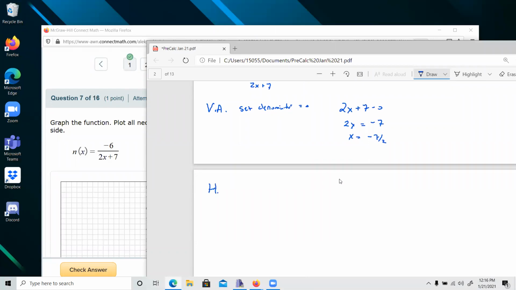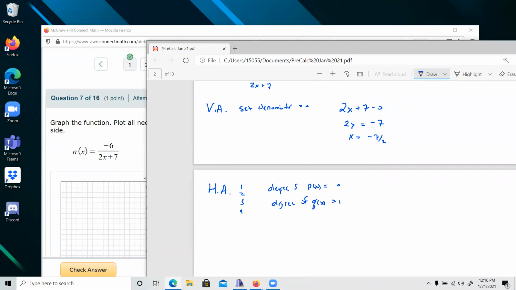What about a horizontal asymptote? Well, there are 4 conditions, remember? And they all have to do with the degrees. The degree of the numerator is 0. It doesn't have any x's in it, so that degree is 0. The degree of the denominator, the degree of q of x, that's the bottom, is 1.